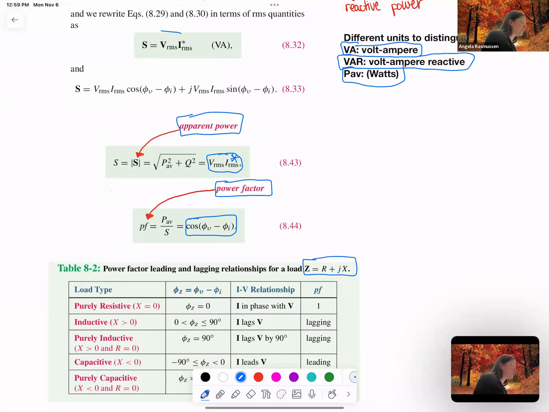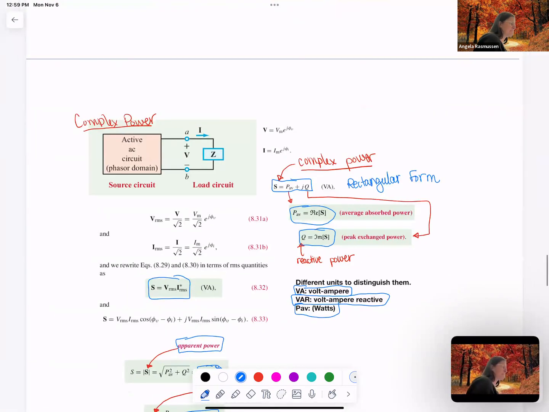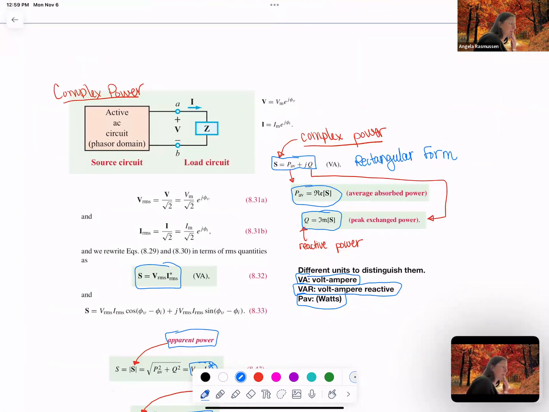Oh, there it is right here. But if you scroll up just a bit, that S right there, the P added to the jQ, that's in rectangular form. Now we have it in polar form. We can change it over to rectangular form and then get those two terms.